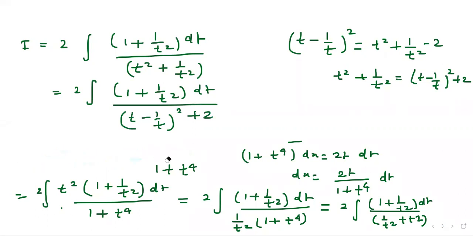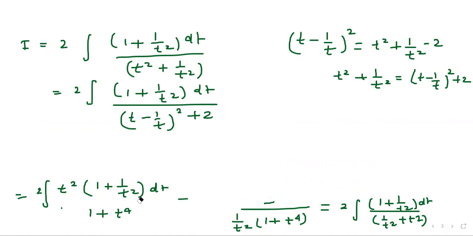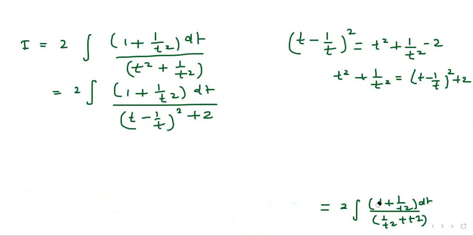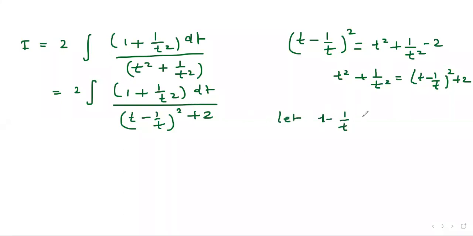Now further, let t minus 1 upon t equal to u. This will give 1 plus 1 upon t square dt equal to du.